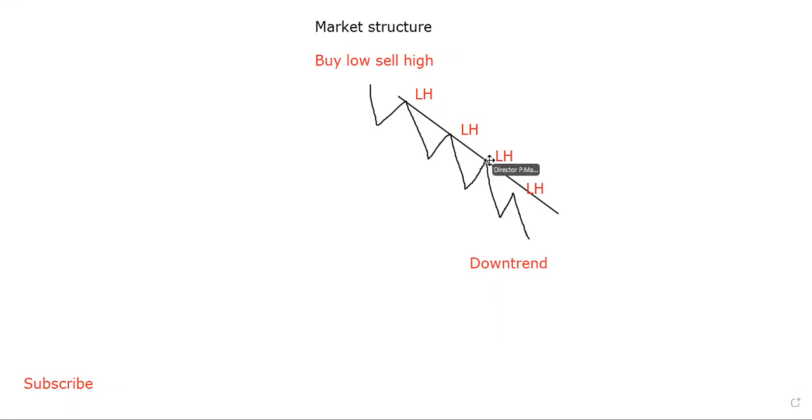So these are the first two, guys, that I'm showing you that we use to identify the lower highs on the downtrend and the higher lows on the uptrend. In this market, you're buying when the price is low and selling when the price is high.